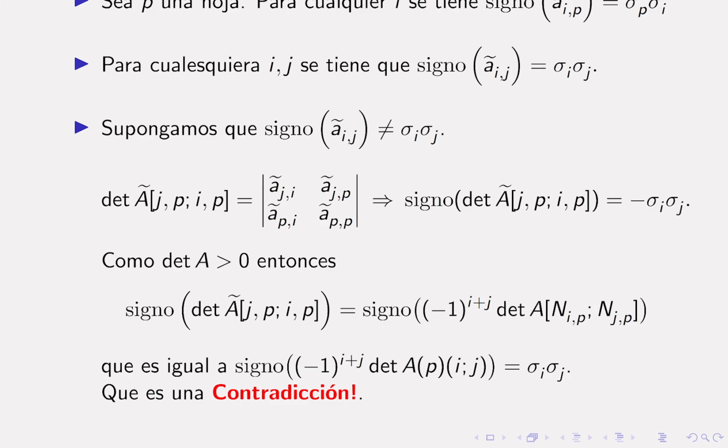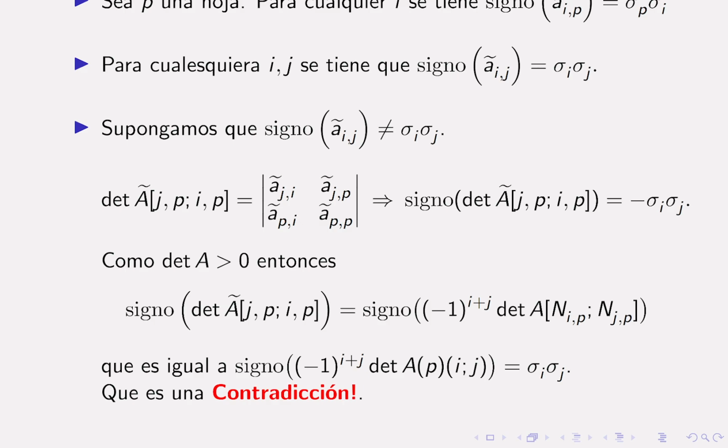So this number is positive, but we expect to have a negative value here. Because they have different values, this is a contradiction. So that's it, they have the right sign. The sign needs to be sigma I, sigma j. With this, we have the whole thing proved.